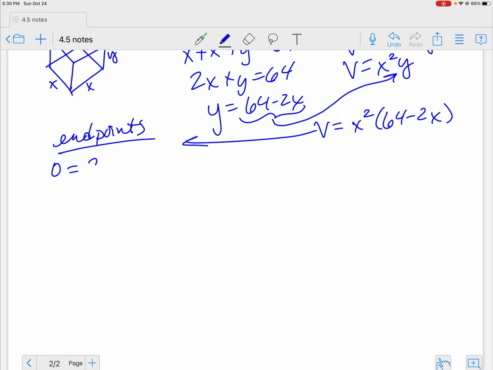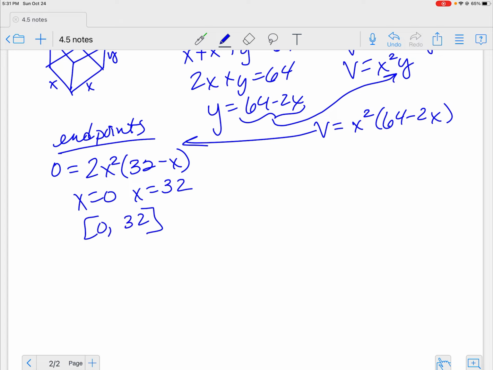So 0 is equal to 2x squared, and then I've got 32 minus x, just makes it easier. So x is 0 and x is 32. So I know between 0 and 32, that has to be the dimensions of x for my base. Again, right? We know this is not exact. If I have to have a height, I have to have a base.